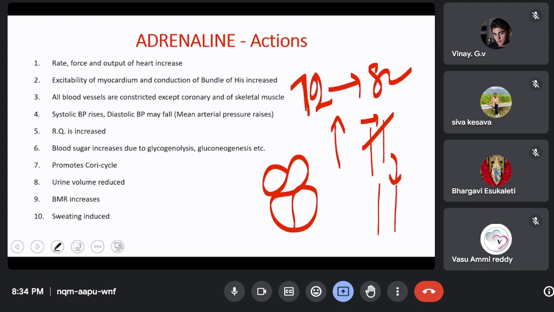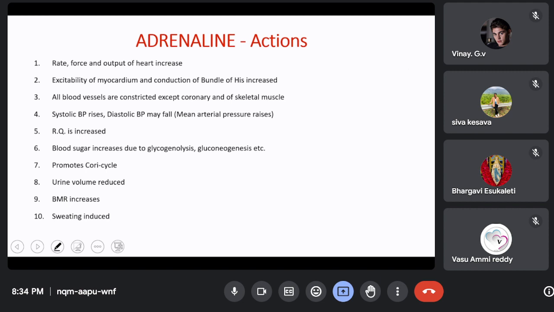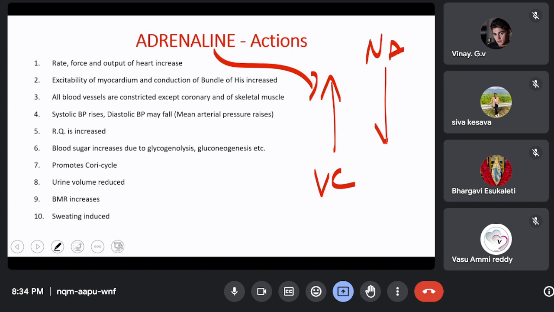In order to bring the body metabolism to normalcy, at the same time the rate of blood flow to the normalcy, if adrenaline increases the blood flow by vasoconstriction, noradrenaline decreases blood flow by vasodilation. Okay, and don't think that adrenaline is always involved in increasing it and noradrenaline decreasing.